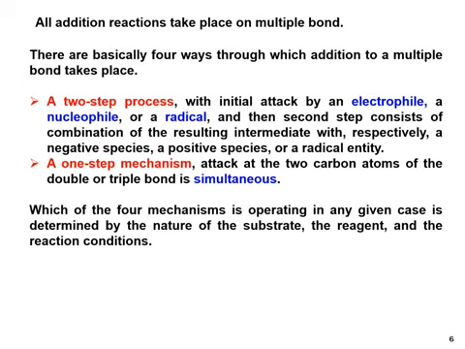Initially, when attacked by an electrophile, it is then combined with a negative species. When it is attacked by a nucleophile, its counter species is a positive species. When initiated with a radical, it is terminated with a radical entity.